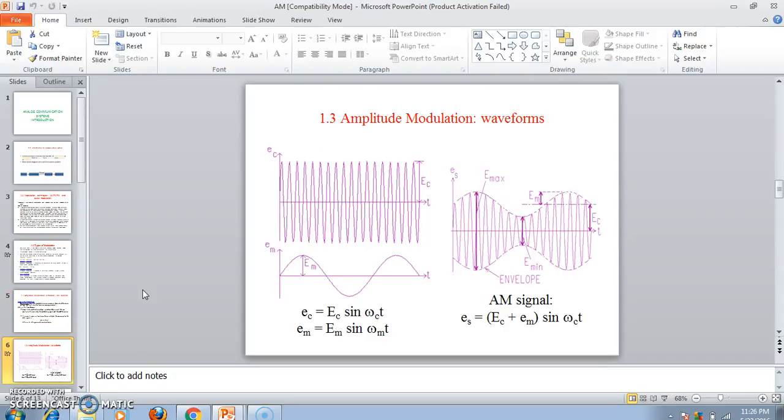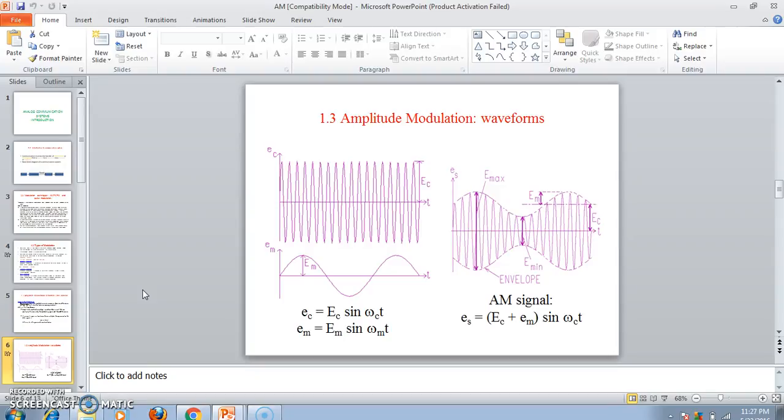So these are the ideal graphs, or plots, of amplitude modulation. Here EC is a high frequency carrier wave whose frequency is very high compared with the frequency of the message signal.